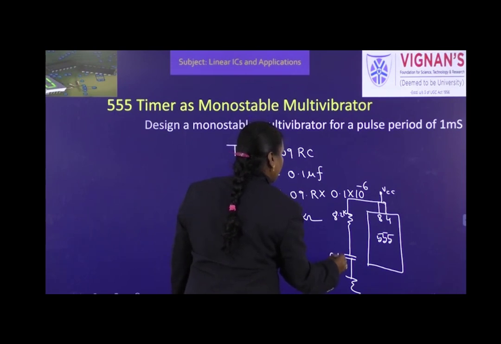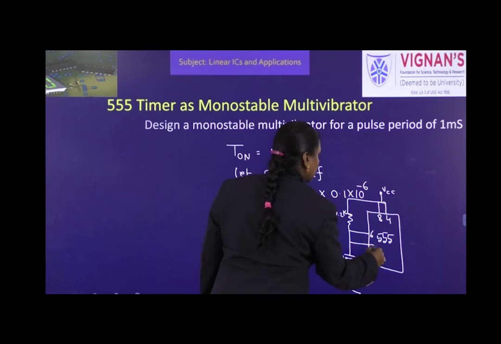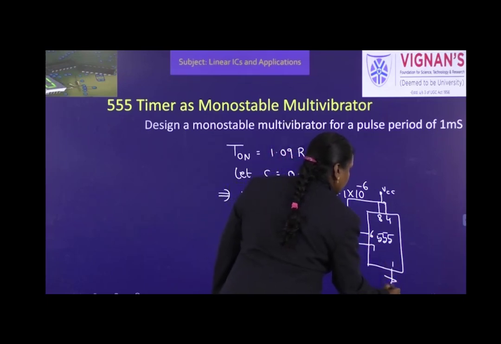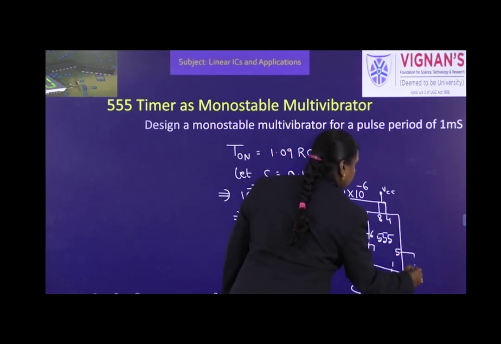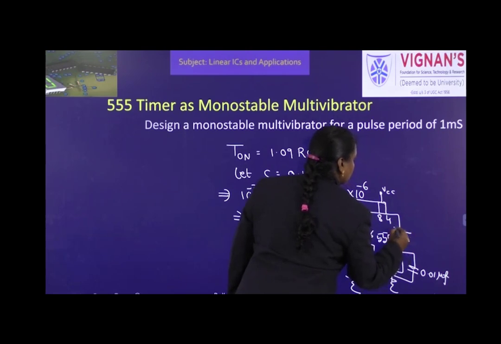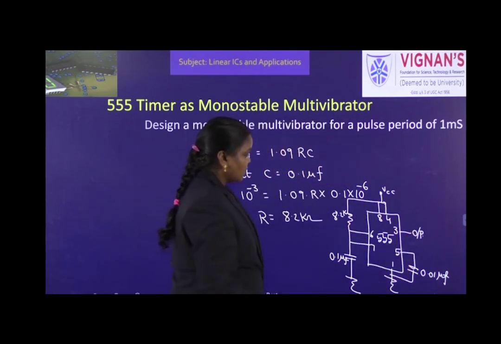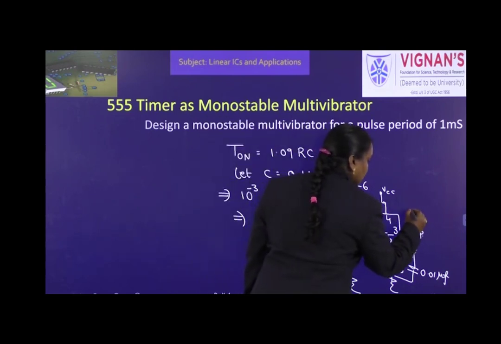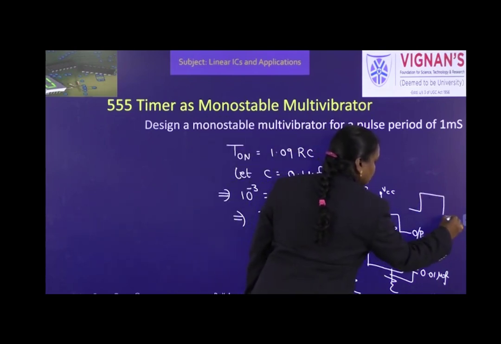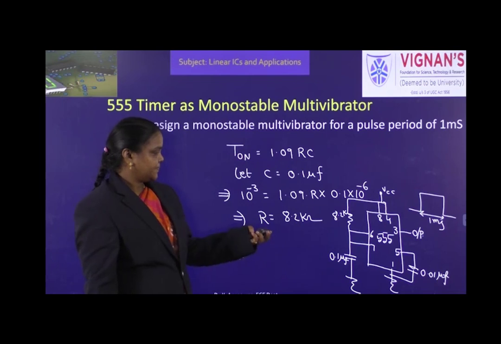This is 0.1 microfarads. Here the 6th and 7th pins are joined, and the first is grounded. Here we will take the output. If you take this output, the response will be like this. So this pulse width will be 1 millisecond.